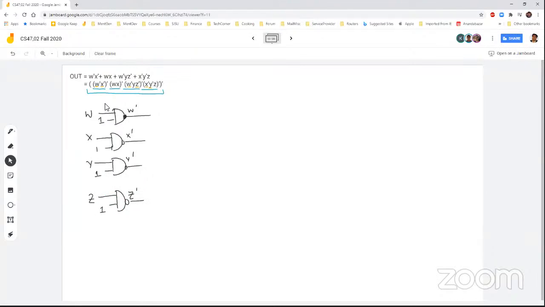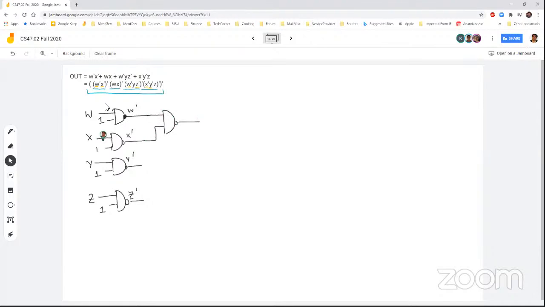Now we construct the inner terms, the smaller terms. Okay, so which one is W bar X bar NAND? Okay, and WX NAND. So we have that NAND too.